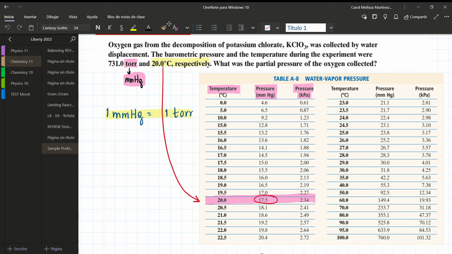This is the first gas that is mentioned in the problem. What other gas is mentioned in the problem? When it says was collected by water displacement, or collected over water, we are talking about water vapor.